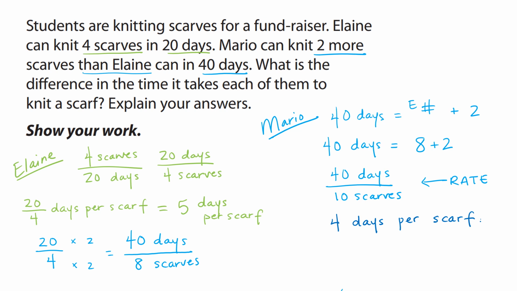All right, so we know it takes Elaine 5 days per scarf, and now we figured out it takes Mario 4 days per scarf. And the question says, what is the difference in the time it takes each of them to knit a scarf? Well, Elaine's 5 days, Mario's 4 days. That tells me it takes Elaine 1 more day to knit each scarf.